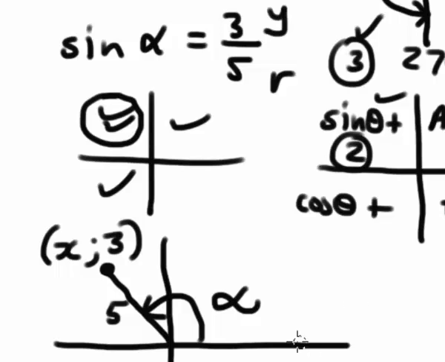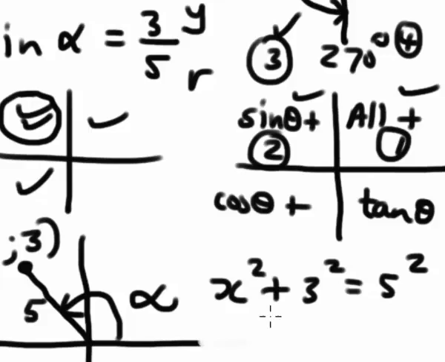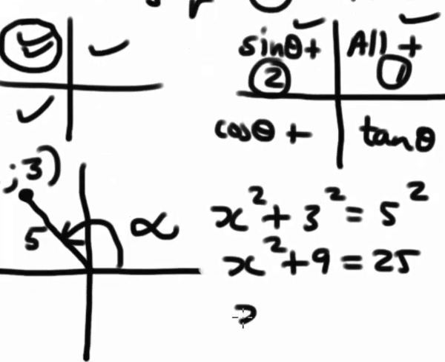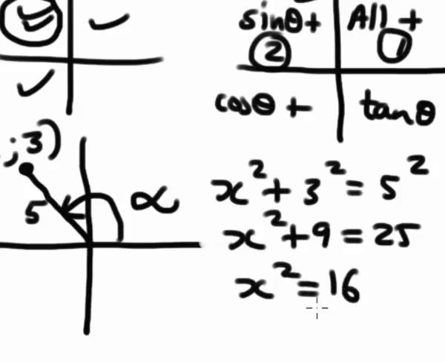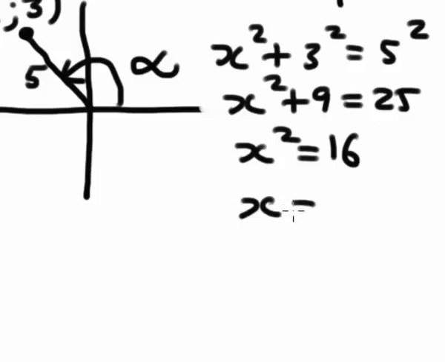Alright, now what do we know if we're dealing with this? How do we get x? Well, we could say x squared plus 3 squared is 5 squared. So x squared plus 9 is equal to 25. So x squared is equal to 16. And then, of course, you could say x is equal to plus or minus the square root of 16, which is 4.